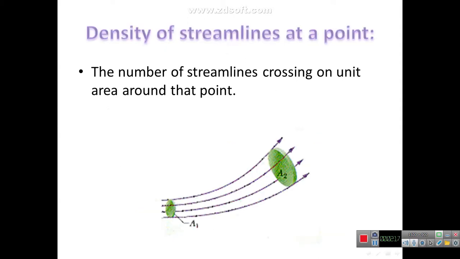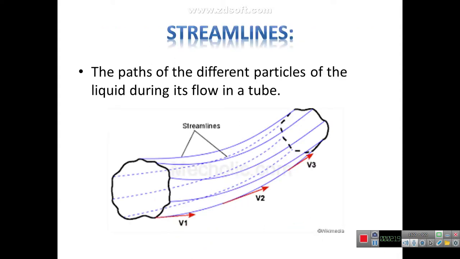Okay, we want to know now the characteristics of streamlines. Number one, they are imaginary lines that don't intersect. Number two, the number of streamlines at any cross section of the tube is constant. Number three, the tangent at any point along the streamlines determines the direction of velocity of each particle of the liquid at that point.